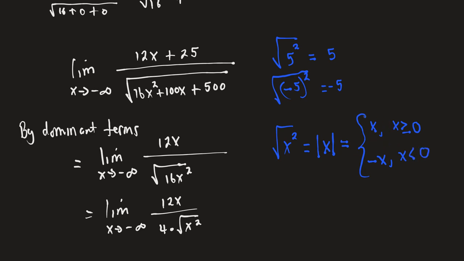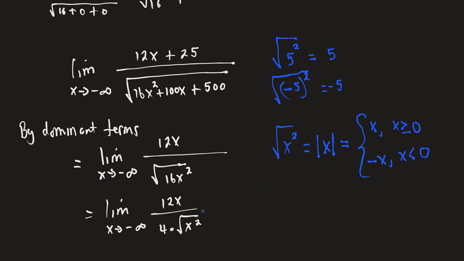So in the first example, when x is going to positive infinity, that's why we were able to replace the square root of x squared with x. But now, because x is going to negative infinity, which is less than 0, we're going to have to simplify the square root of x squared as negative x, right?